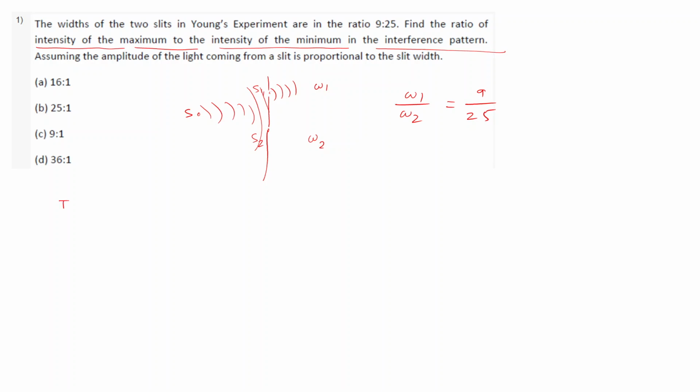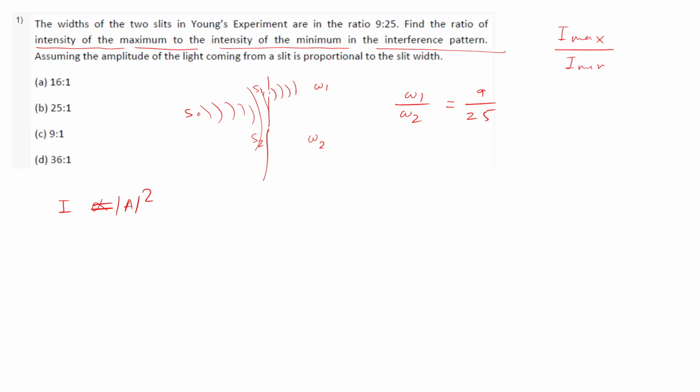Find the ratio of intensity of maximum to intensity of minimum in the interference pattern. So intensity we know is equal to the square of amplitude. And here we have been given the width ratio and we have to find the ratio of maximum intensity to minimum intensity.